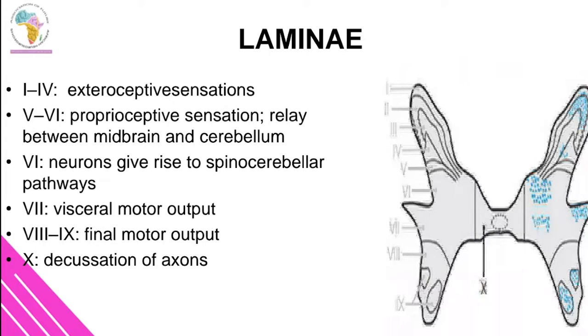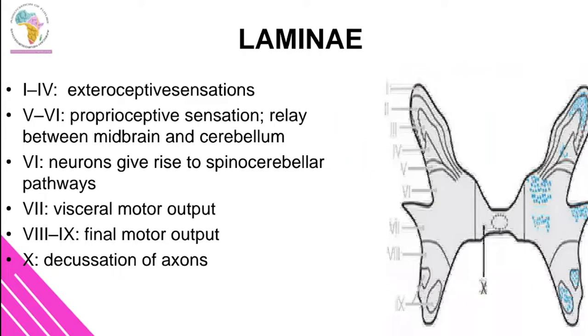Then lamina 7 is actually involved in the visceral motor function, meaning the visceral organs might lose their motor functions if there was a lesion or a pathology in this region. Then laminae 8 to 9 tend to give out the final motor output.